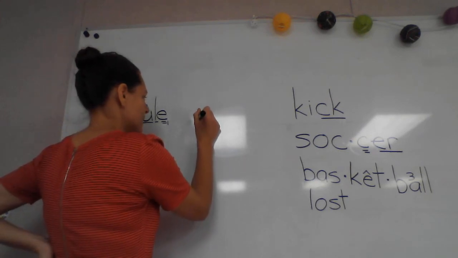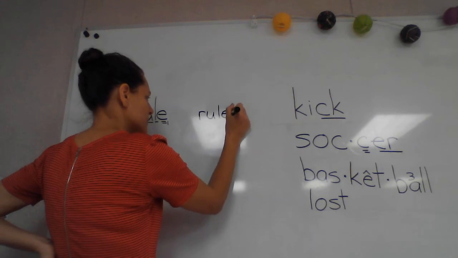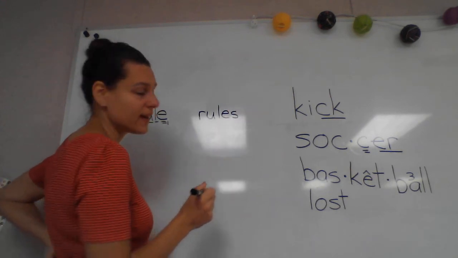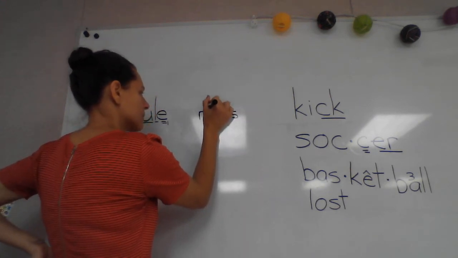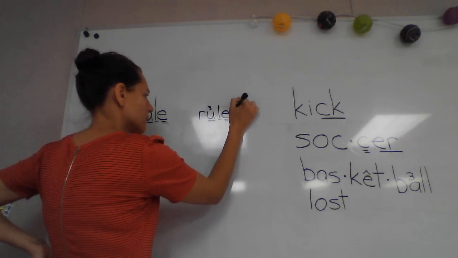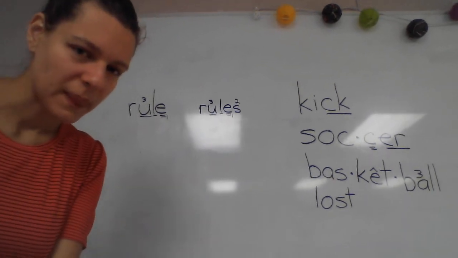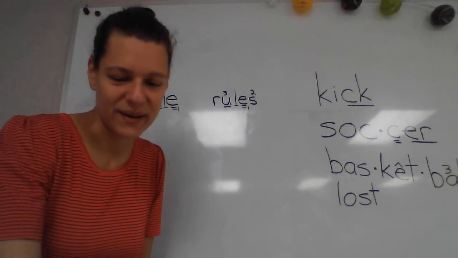All right, so we'll just write the word we had and then add our s, z, and then we need to mark it. All right, nice job with that, class.